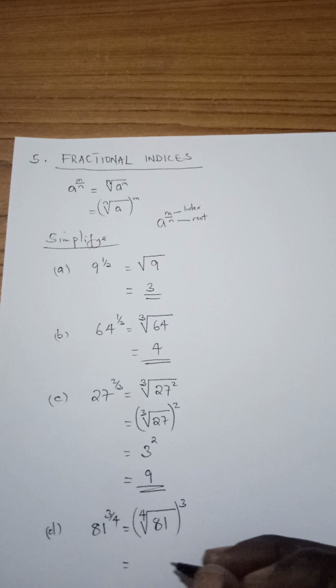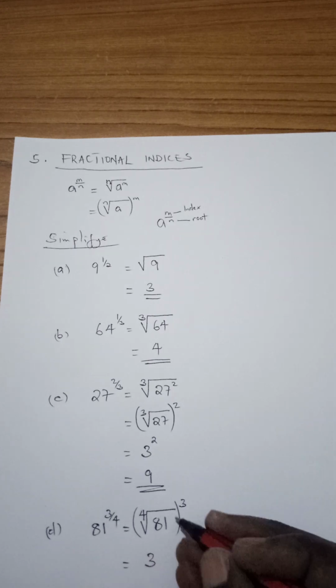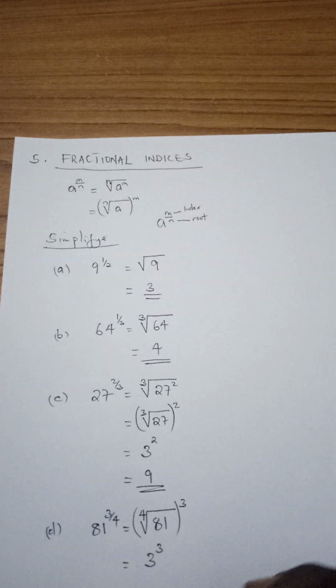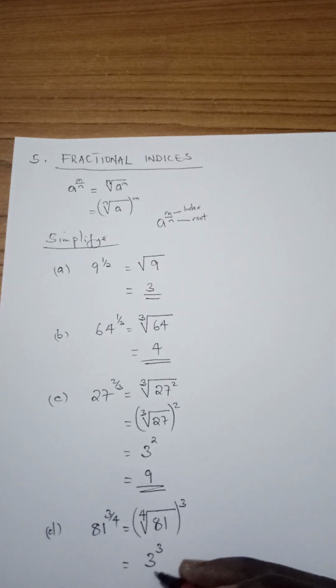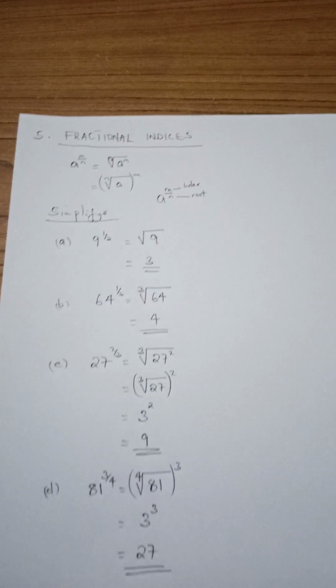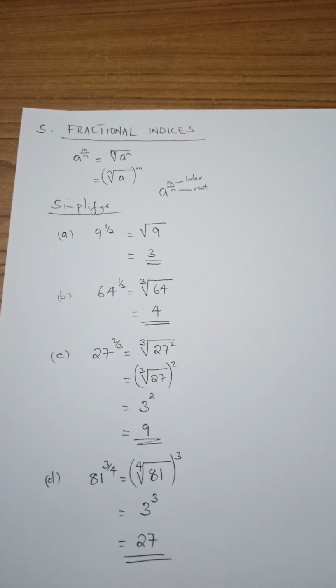That number is 3. So we'll say 3. That is the fourth root of 81, but it's raised to power 3. So I'll write power 3. And the 3 power 3 means 3 times 3 times 3, which will give you 27 as the answer. So this is how we can evaluate fractional indices.